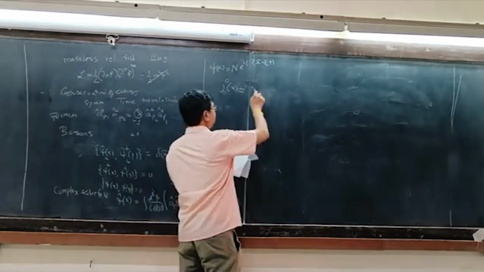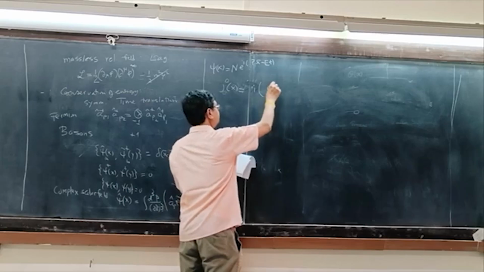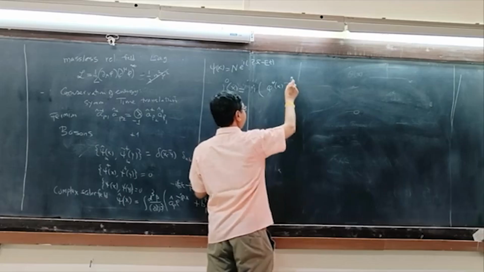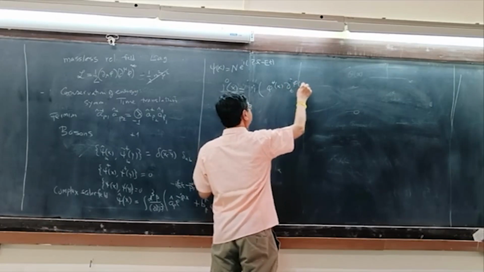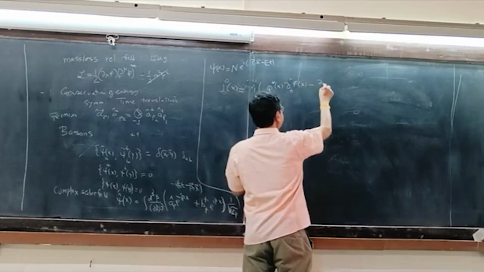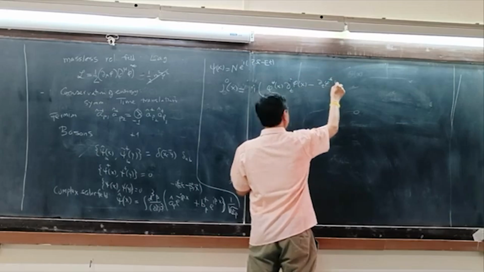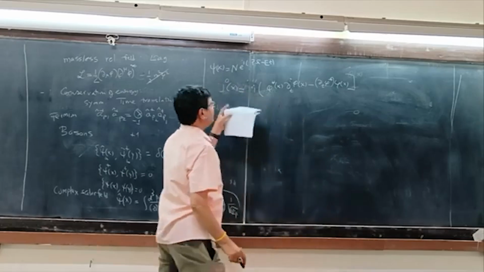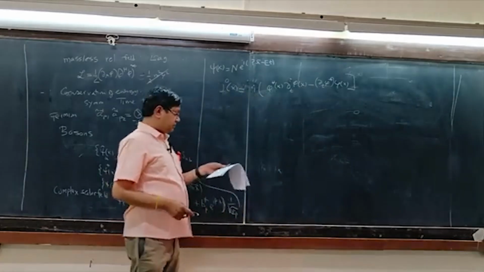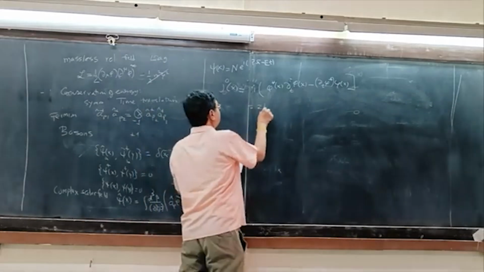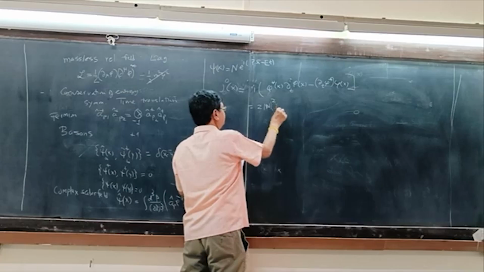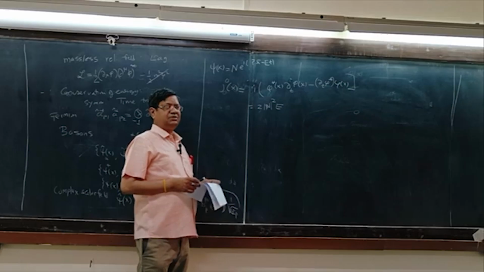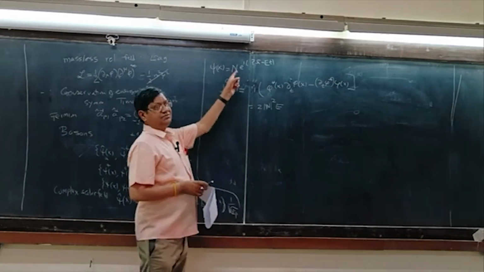And the formula for J0, done in the class, is phi star of x d by dt of phi of x minus d by dt of phi star times phi. So plug that in, and it happens to be 2 mod N squared E. So this current is proportional to the energy, first component, for this wave function.